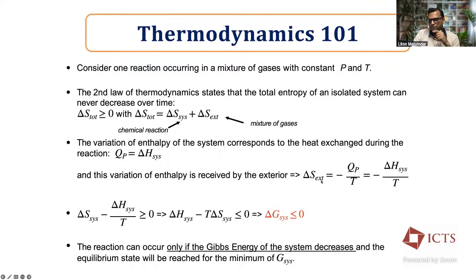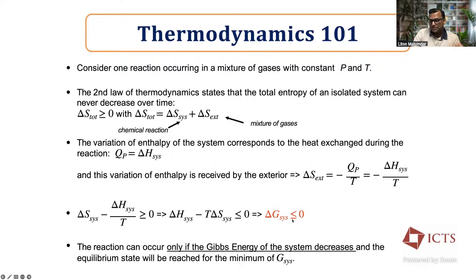Now when you put this delta S external into your total entropy, the system entropy change minus delta H divided by your temperature is greater than or equal to 0. If you do the rearrangement, what you get is delta H minus T delta S of the system is less than or equal to 0. Essentially, delta G system is less than or equal to 0.